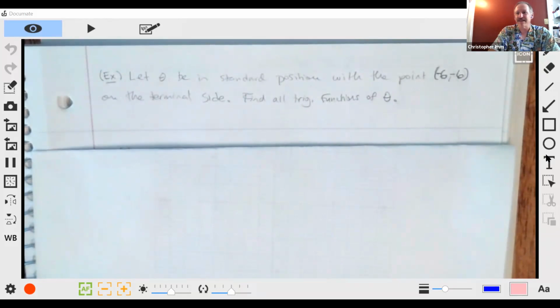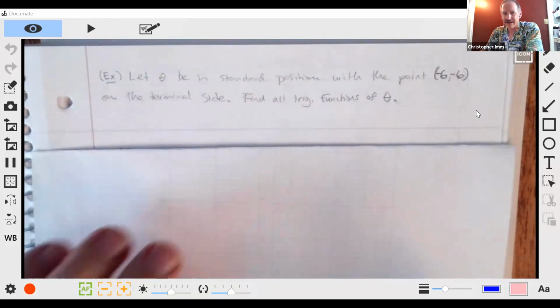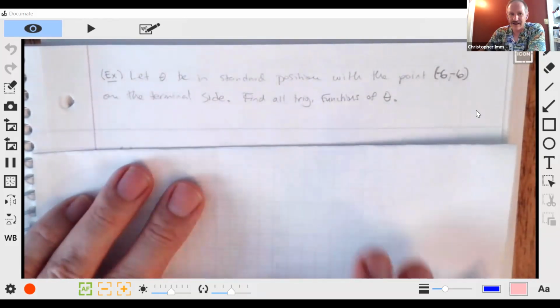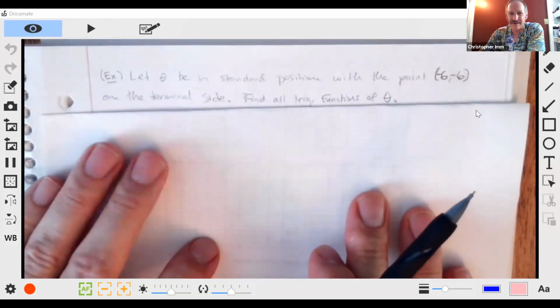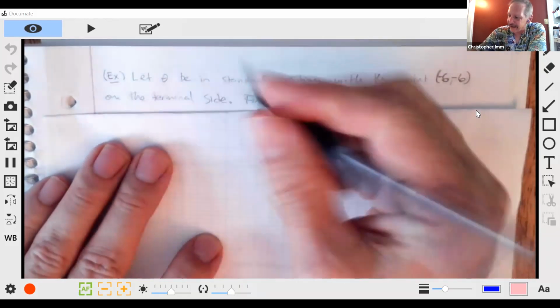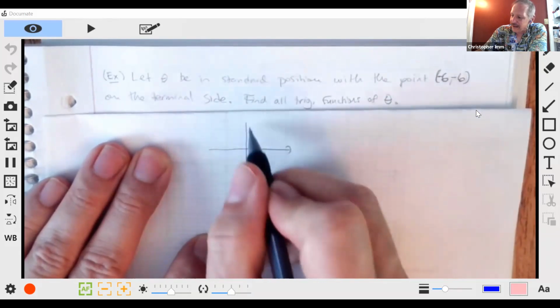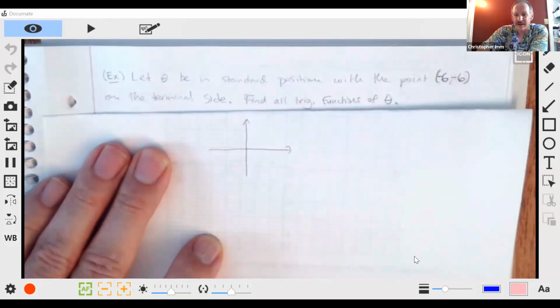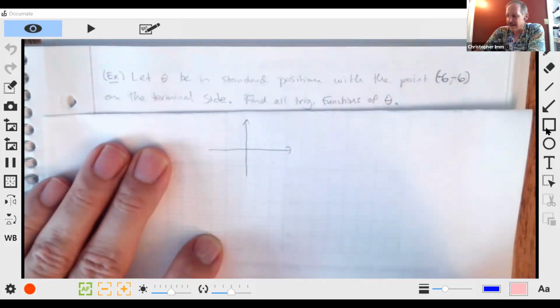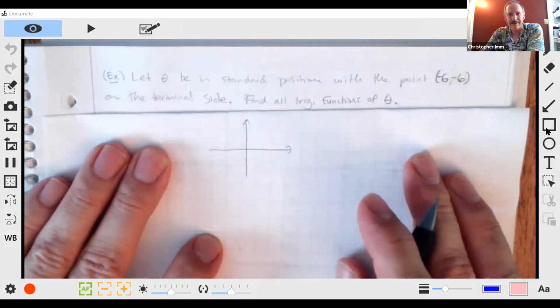All right, so here we have theta in standard position, and we have the point -6, -6 on the terminal side. Jacob, where does that angle terminate?